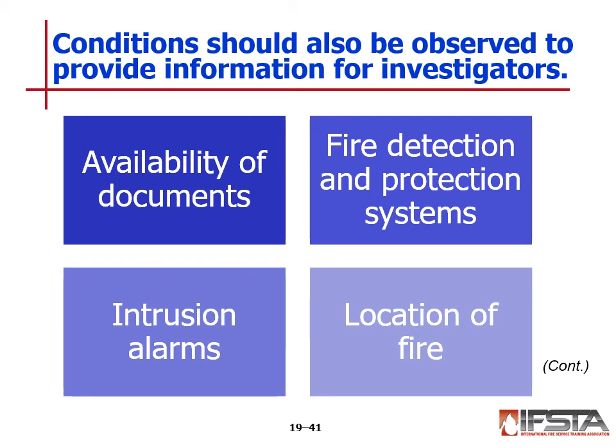So same kind of thing, looking at these protection systems, if they're there and if they worked, is very important. Intrusion alarms, kind of along the same vein. Were they tampered with? Were they turned off? The location of fire, again, we're looking for the ignition sources, the area of origin.